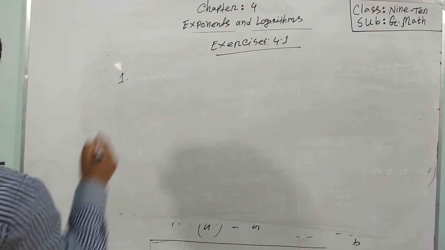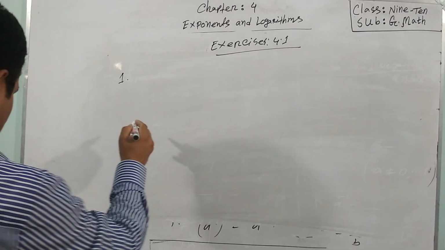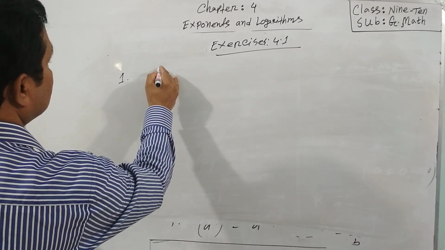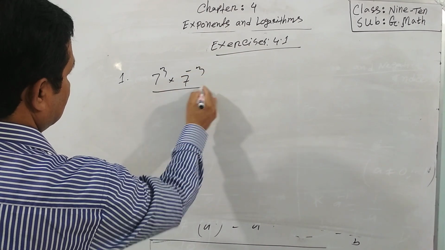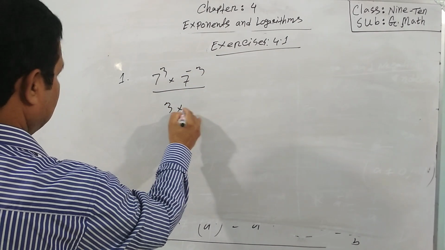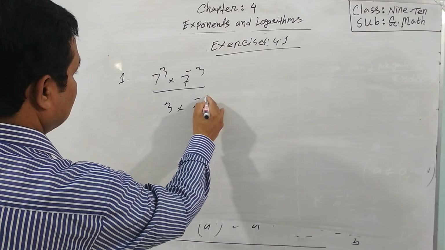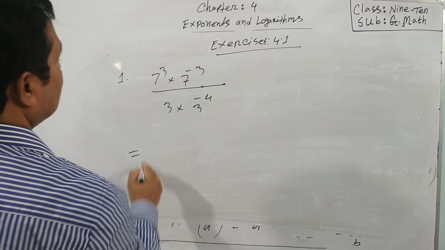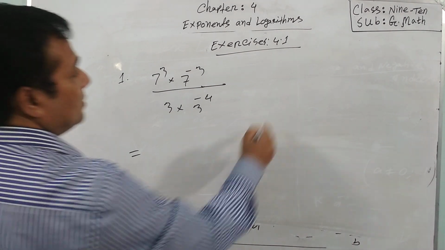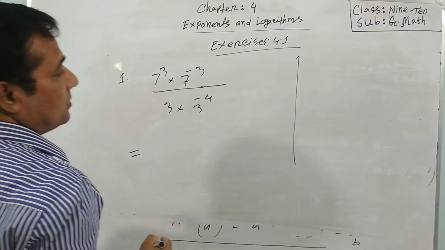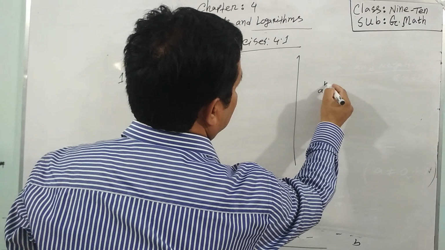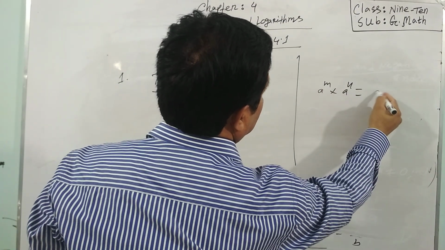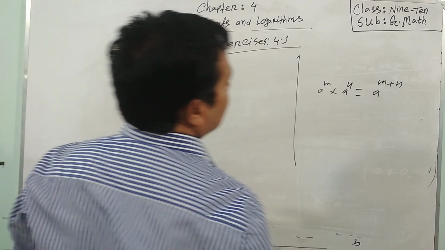Number 1: 7 to the power 3, 7 to the power minus 3, divided by 3 to the power minus 4. Formula: a to the power m into a to the power n equals a to the power m plus n.